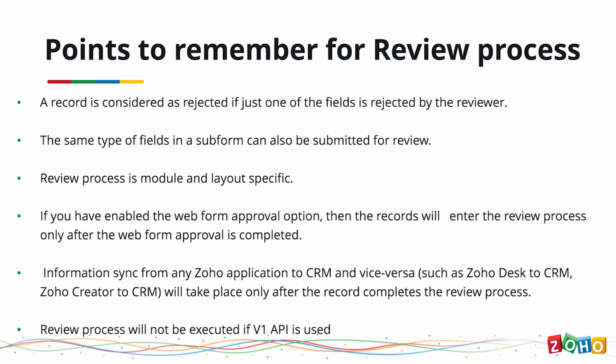If you have enabled the web form approval option, then the records will enter the review process after the web form approval is completed. Information sync from one Zoho application to CRM and vice versa, such as Zoho Desk to Zoho CRM, Zoho Creator to Zoho CRM, and likewise will take place only after the record completes the review process. Review process will not be executed if version 1 API is used.